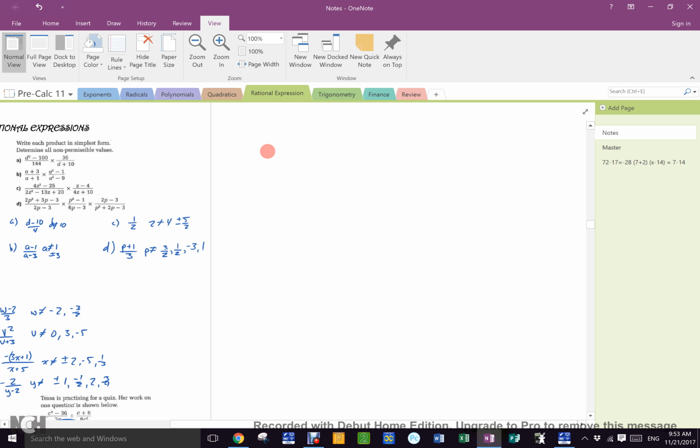So 4z squared minus 25 is 2z plus 5, 2z minus 5, over 20, 40, negative 8, negative 5, z minus 4, and 2z minus 5 times z minus 4 over, take out a 2, z plus 5.